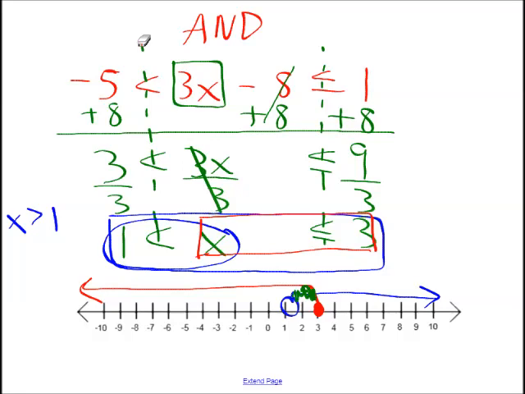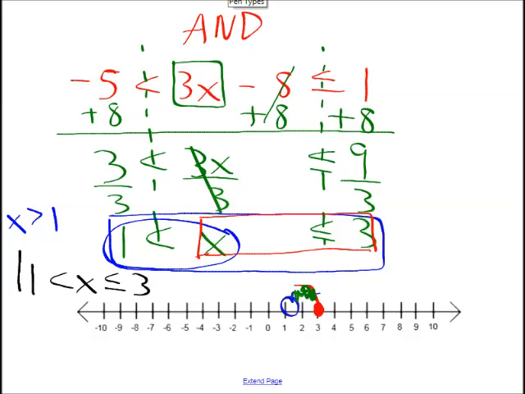I just wanted to graph each one to show you what an and statement means, but we don't actually want these other graphs. We only want the area in between the two graphs for our final answer. And you can tell that if I rewrite the final answer from before: our solution set is numbers greater than 1 and less than or equal to 3. So it's basically between these two values.